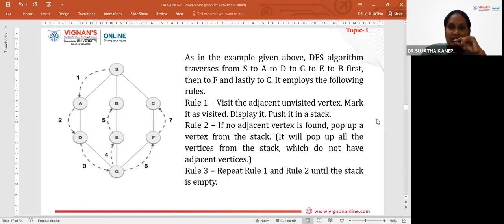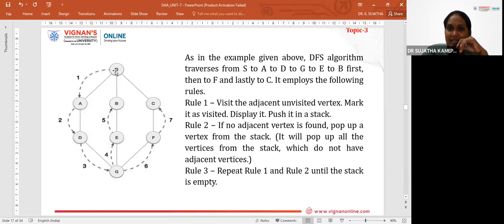So these are the steps involved in DFS. Now let us see an example. Suppose the traversal starts from S. It goes to the depth of the graph.